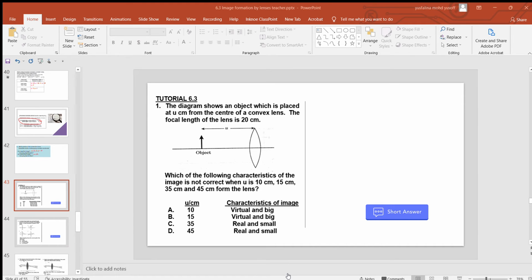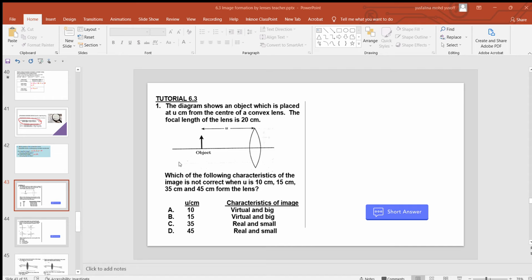Now when we conduct the experiment, from the triangle to the lens is the object distance, because the triangle acts as the object.